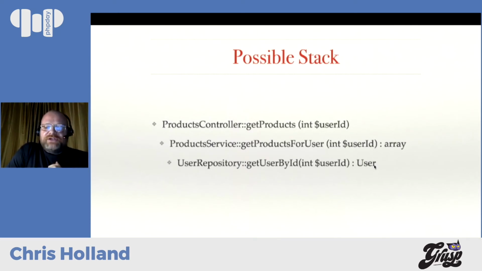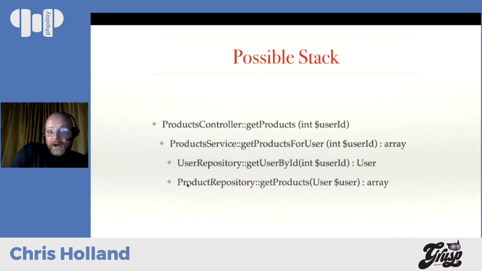Then the service is going to feed this user object to another repository, the product repository, that says get products, to which you pass the user object that was returned.